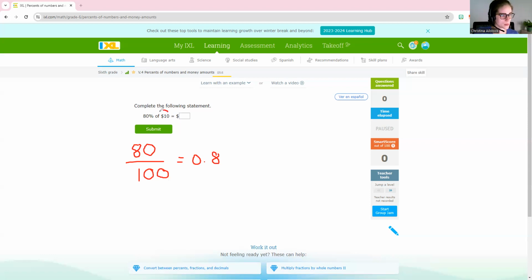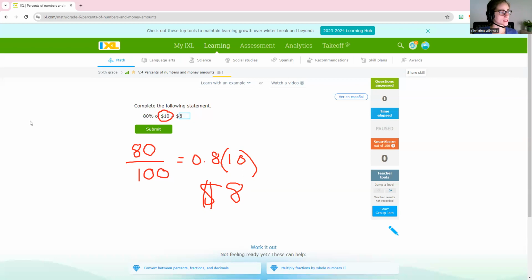We're trying to find 80% of $10, so we multiply our percent in decimal form, 0 and 8 tenths, times our $10. Once again, you can use a 4-function calculator. When we do that multiplication, we get the answer of $8. So 80% of 10 is $8.